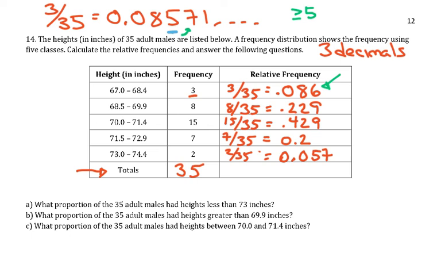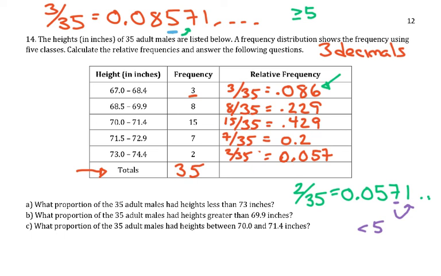On the other hand, if you look at 2 divided by 35, you get 0.0571 dot, dot, dot. And in this case, we're rounding to the 3rd decimal. This is less than 5, so we don't round up. We leave it as is.